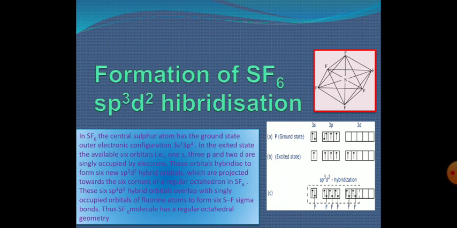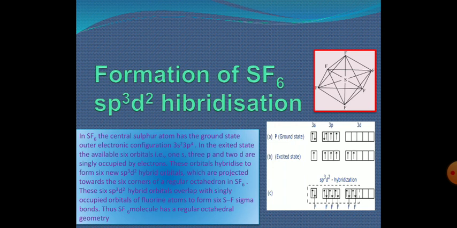In SF6, these 6 sp3d2 hybrid orbitals overlap with singly occupied orbitals of fluorine atoms to form 6 S-F sigma bonds. In the figure you will notice 6 fluorine atoms. Out of them 4 are present in the plane, one fluorine is present above the plane and another is present below the plane.